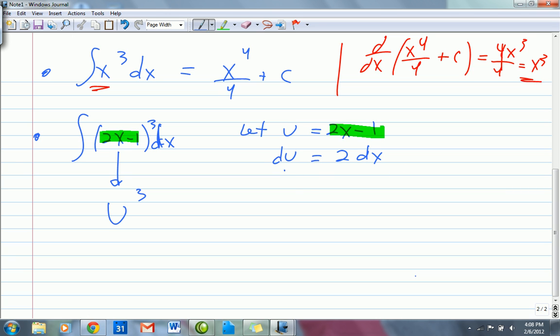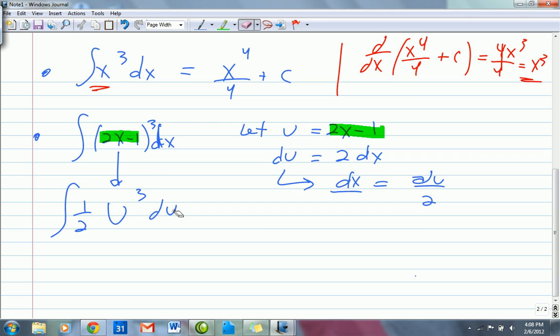Another way of saying du is 2 dx is if I divide both sides by 2, another way to rewrite that would be du over 2. So I can plug the 1/2 here and the du here. What I've done through the substitution is rewrite a little bit more complicated integrand with an x and a dx in terms of u and a du.